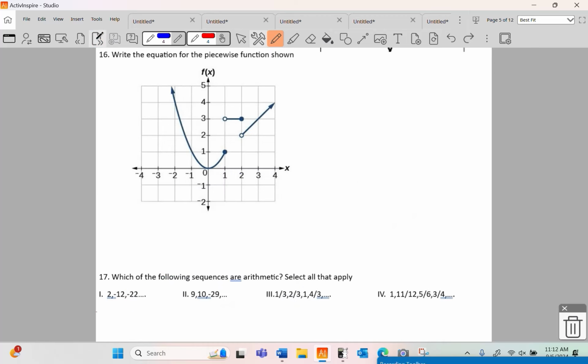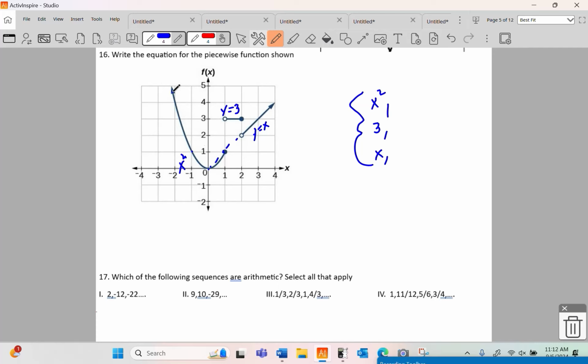16, we got to write the equation for a piecewise function. It's your first rodeo, this thing. This literally looks like a parent function. I mean, that is x squared. There is no doubt that is x squared. And this is y equals 3. And if we think about this one, this is y equals x. It's got 3 pieces, obviously. The pieces were x squared, 3, and x.